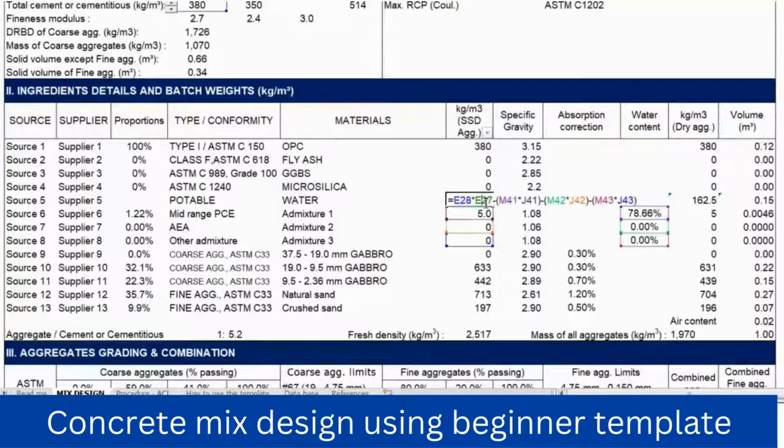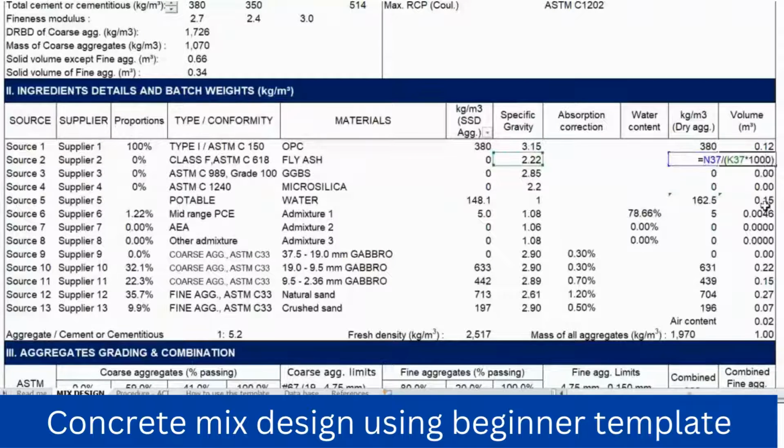And for the water, we calculated it based on the deduction of water due to the fact that the admixture has water quantity or water content, which is in this example around 78.66%. For the volume, we can simply calculate it based on this equation. So simply mass of the OPC divided by specific gravity multiplied by 1000. So everything is on same equation.